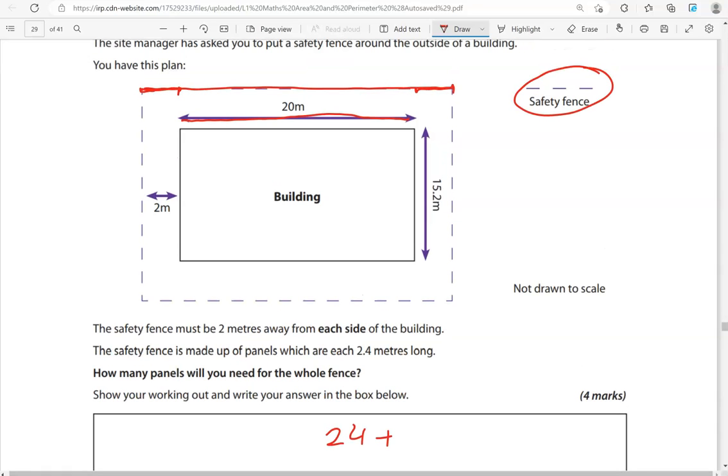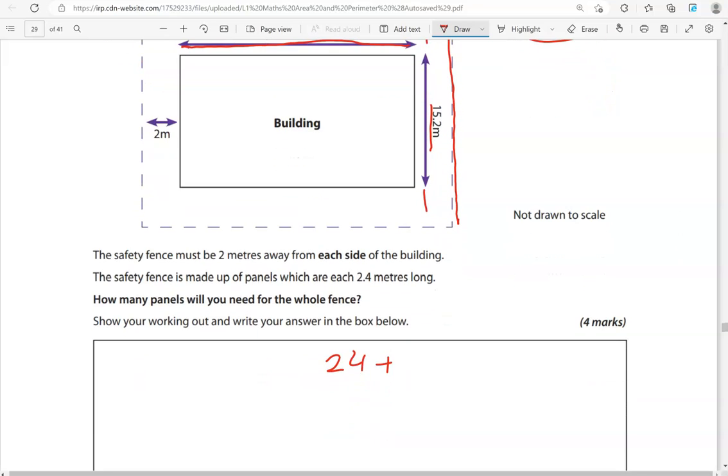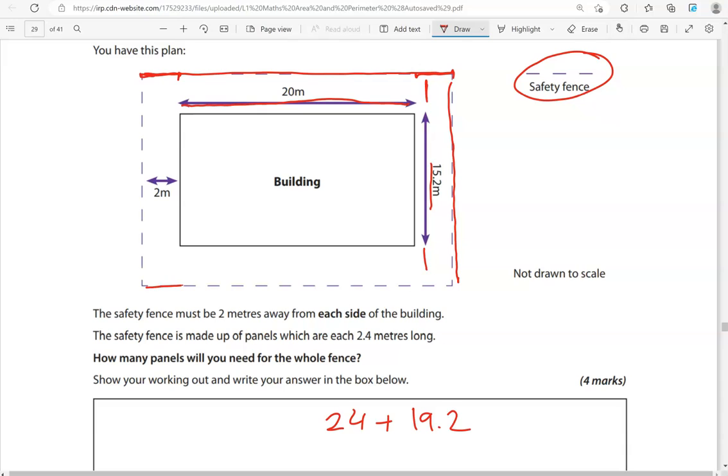And this length here will be 15.2 plus the 4, so that will be 19.2. And this, of course, is 24, and this is 19.2.